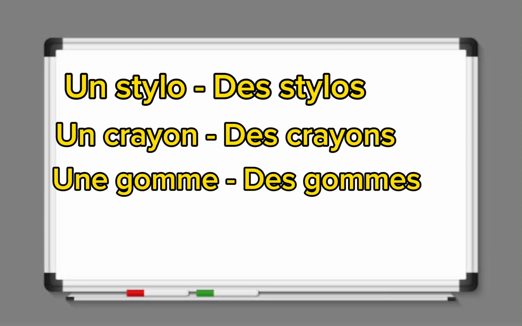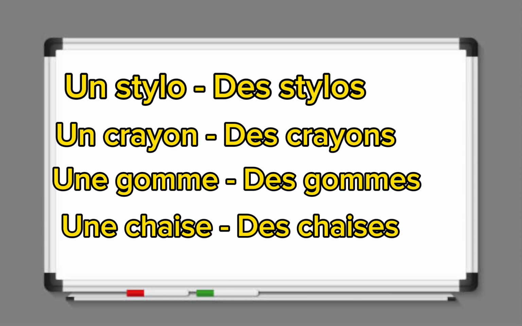Une gomme becomes des gommes. Next example, une chaise becomes des chaises. A chair, chairs. When you write chairs, des chaises. Une chaise, une becomes des. Chaise, you have to write in plural form.